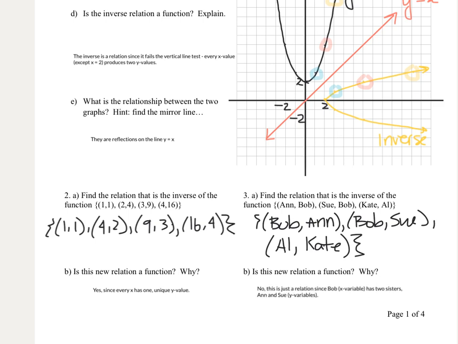When we look at this new relation, we can see that it's not a function because Bob, the x variable value, has two sisters, Ann and Sue, which would be considered the y variable values.